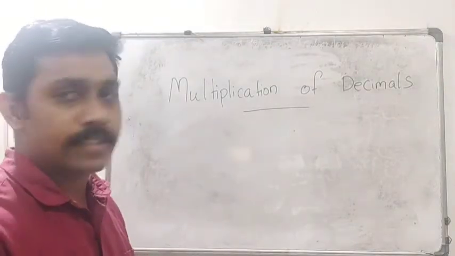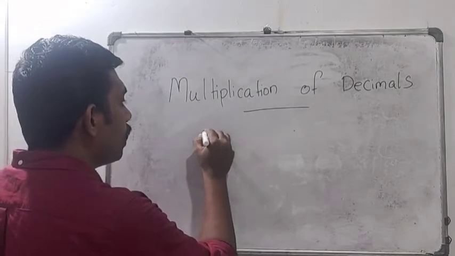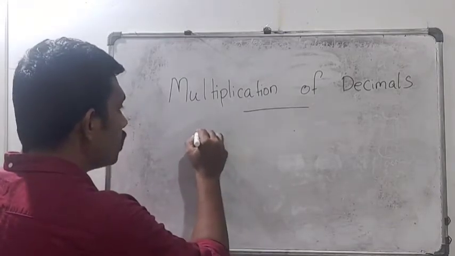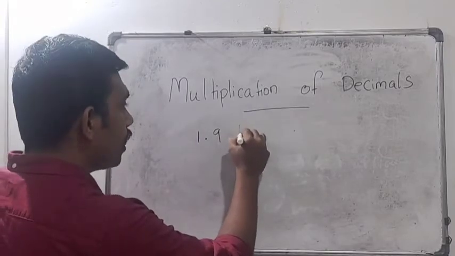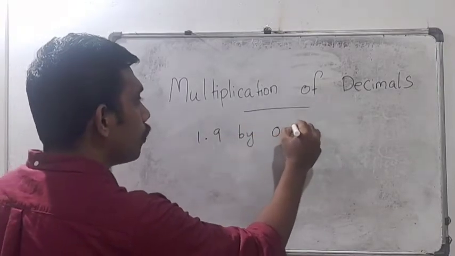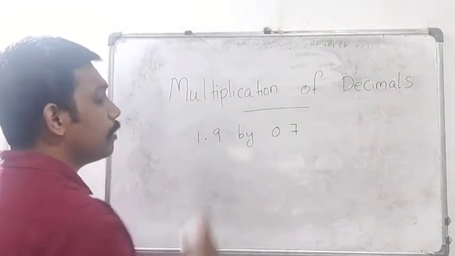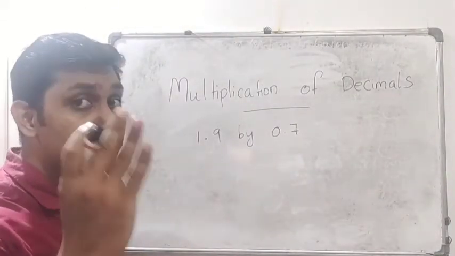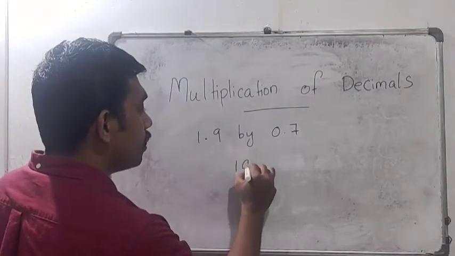So, let's do one example. Multiply 1.9 by 0.7. So here we have the decimal numbers 1.9 and 0.7. So we need to multiply 19 with 7.